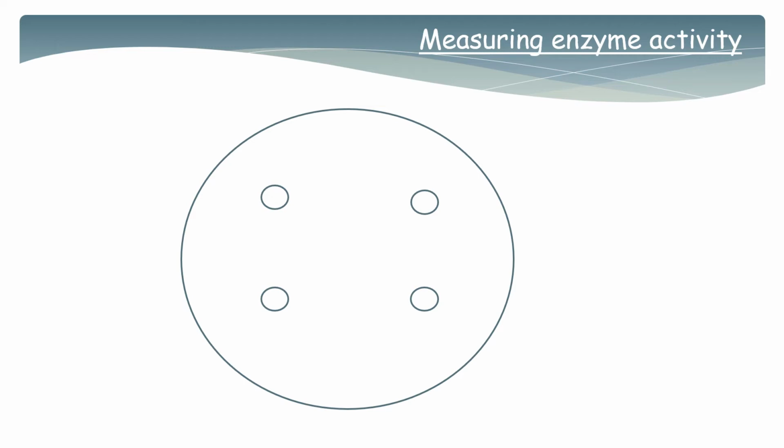So for example, if we make up a starch gel, we could find out what enzyme is most effective on the starch gel, or we could do various pHs, etc. So if we, for example, take the different enzymes, so if we put amylase in a well here, and then we put catalase in one of the other wells, lipase in another, and protease in the last one.